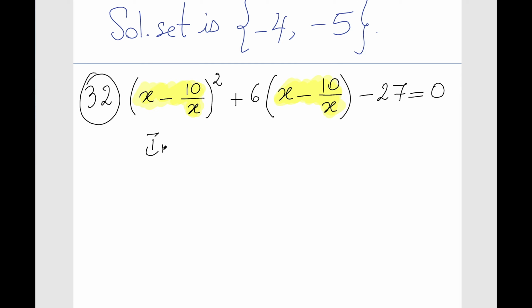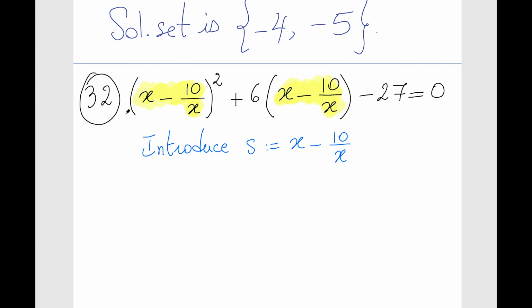So introduce the variable. Let's choose a different color. Let's choose the variable this time to be, I don't know, s, to be x minus 10 over x.